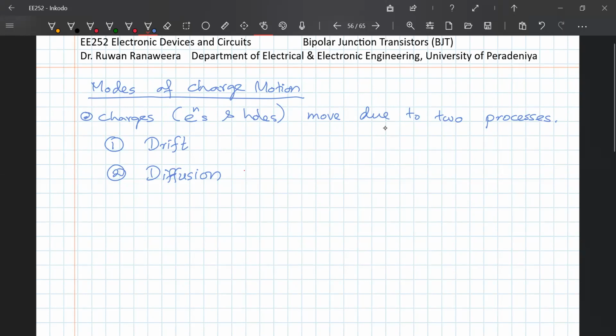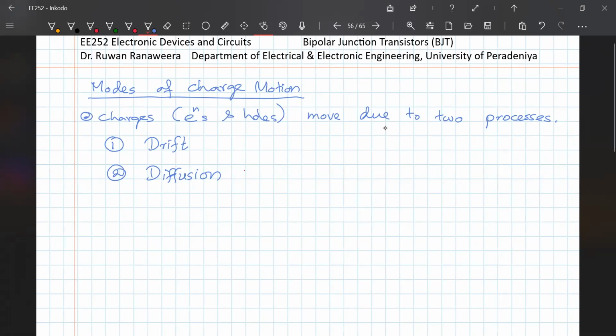Diffusion, by definition, is basically the random motion of charges in any direction, or all directions. So it is not directional. It moves around in every single direction. Whereas drift has a direction. It is drifted towards a certain direction where you have an energy gradient.